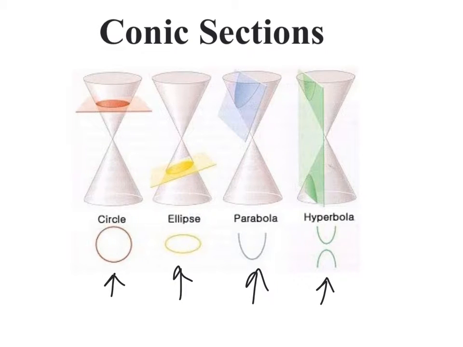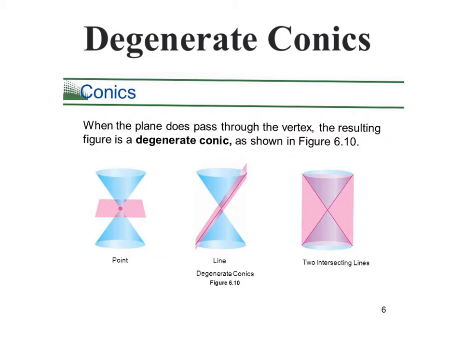Now, there are some other results that happen if the plane slices the cone in just the right place. In fact, if the plane intersects the cone at the vertex, the very point of the cone, we end up with what are called degenerate conics. Here are the illustrations.